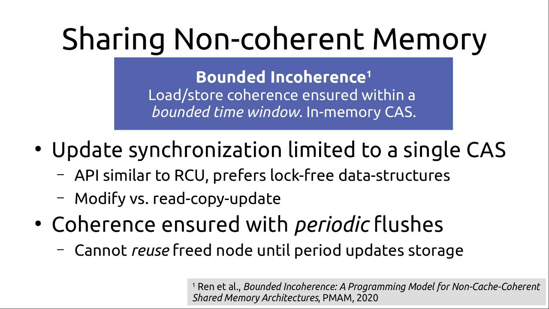And because we are periodically updating the cache, forcing us to go out to memory, this effectively means that we cannot reuse freed nodes, freed memory within the operating system until some sort of a period updates our storage. And the intuition behind this, I'm not going to go into it in detail, but the intuition behind this is effectively that if we have two modifications to a range of memory from two separate nodes, it's quite easy for those updates to start to become incoherent.